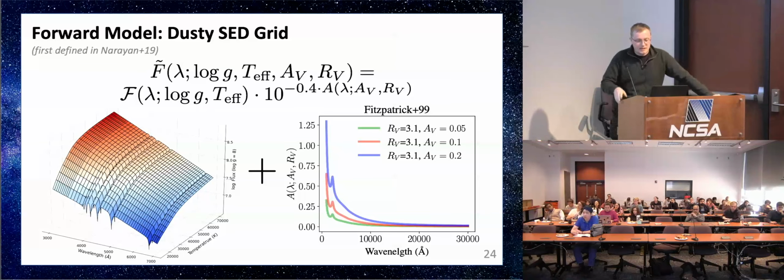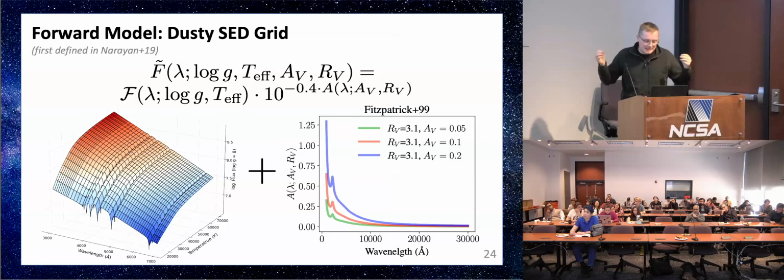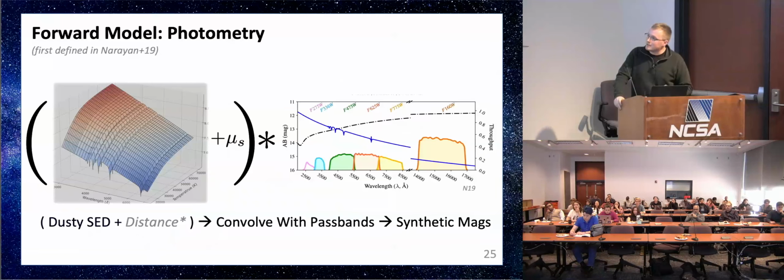But the idea is that the dust law is parameterized by AV and RV. AV is the extinction, and RV is the ratio of extinction to color excess in the B minus V color. So what you're doing essentially is making this SED a dusty SED that is also a function of AV and RV as well as the other parameters that I said.